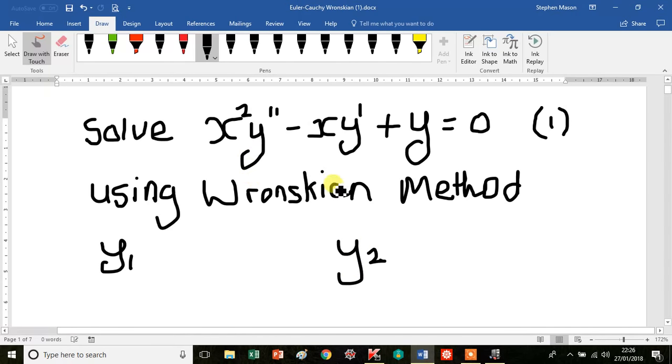If this had been a third order ordinary differential equation, then we would have had another solution, y3, and if it had been fourth order, we'd have had an additional solution, y4, and so on. So an nth order differential equation has n solutions. This is second order, so it only has two.